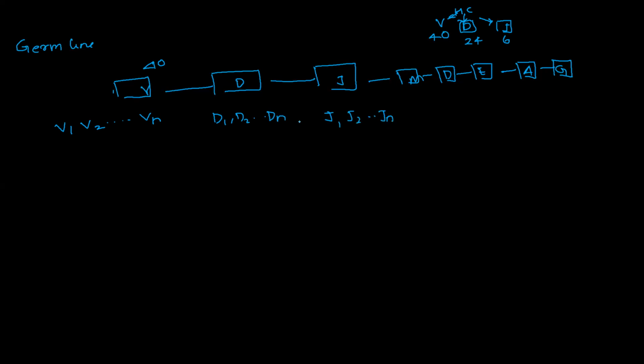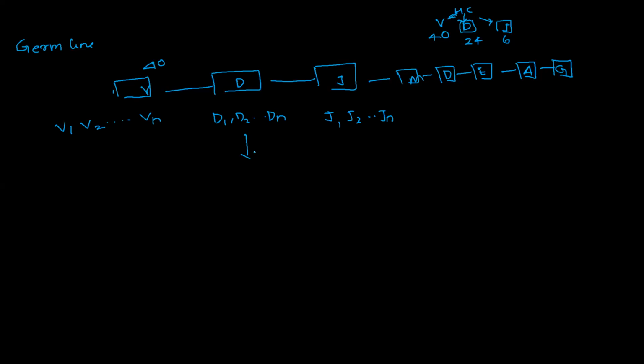In certain books, they have shown V and J recombination occurring first. In certain books, the recombination of D and J occurs first. So let me follow the book which I referred to.